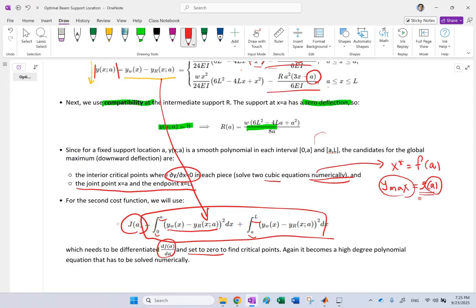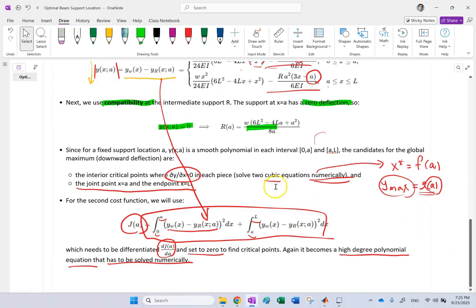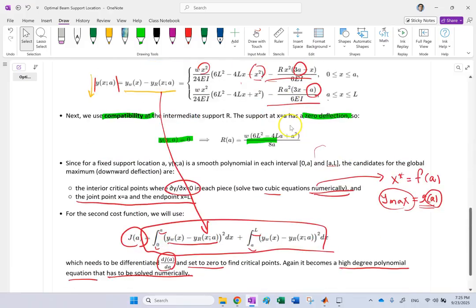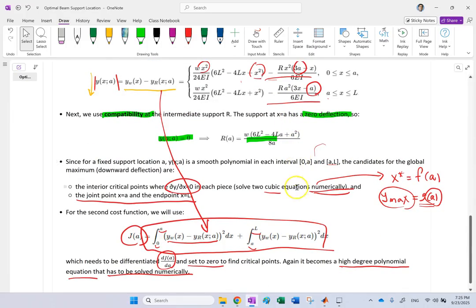And the problem is, again, this is going to be a high degree polynomial in terms of a, and the solution of that has to be done numerically. So it's better to do a numerical optimization, and you can do a brute force search, or any type of numerical optimization, and find the best location for the support.